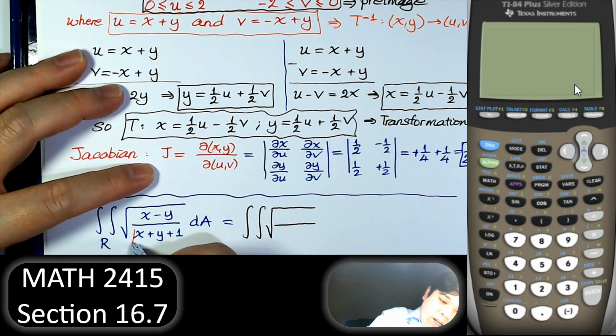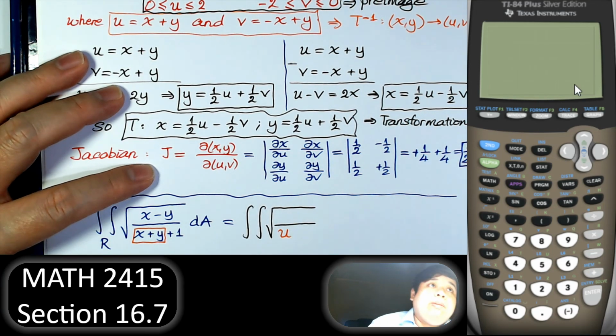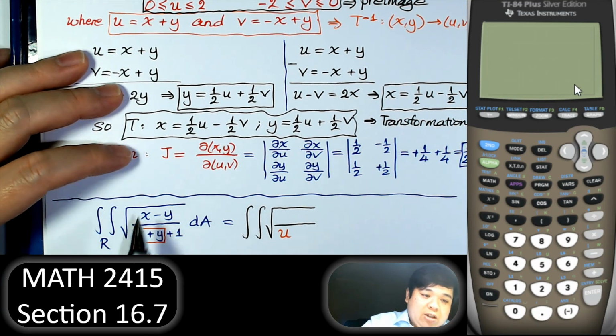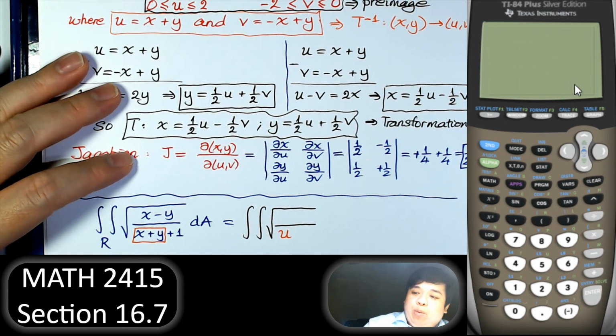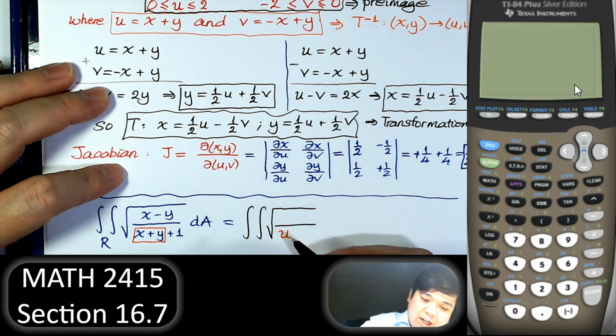So x plus y here is u, because that's what we let it equal to. Let's just say u and then plus 1.